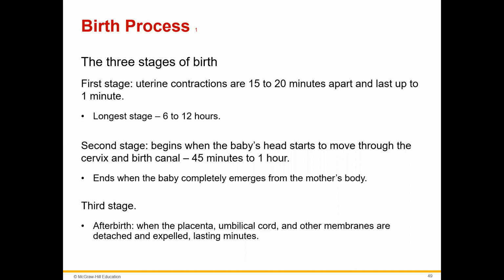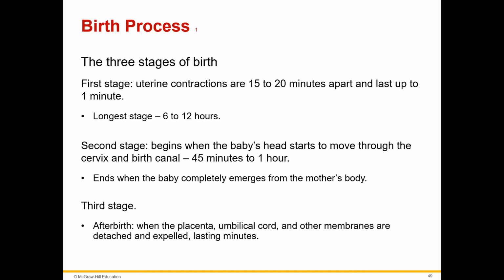Once again, when it reaches about 4 inches or 10 centimeters, then it means the woman's ready to deliver. So the second stage begins when the baby's head starts to move through the cervix. So we see crowning take place. The top of the head can be seen. And this second stage is the delivery stage.